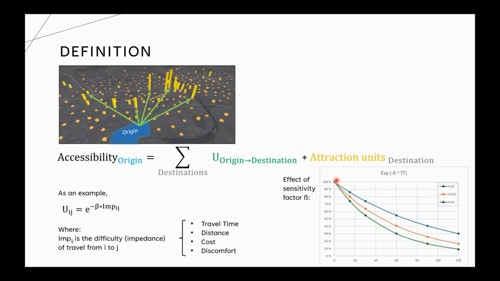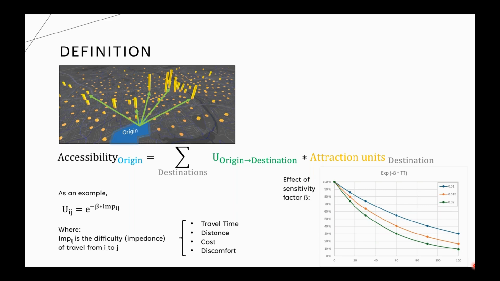And if we consider the travel time increases from 0 to 60 minutes, then we can see that 45% of the people react to this change. They don't want the trip anymore. While with the most sensitive function, this percentage drops by 70%. Only 30% of the people will still accept the trip as desirable. So this shows the impact of the calibration factor beta.